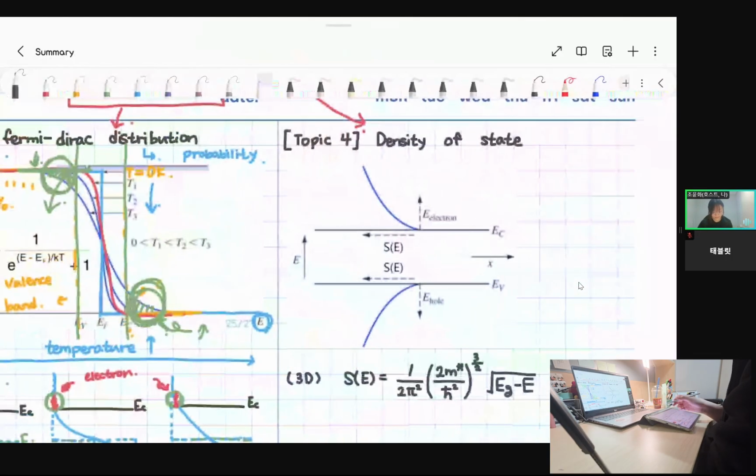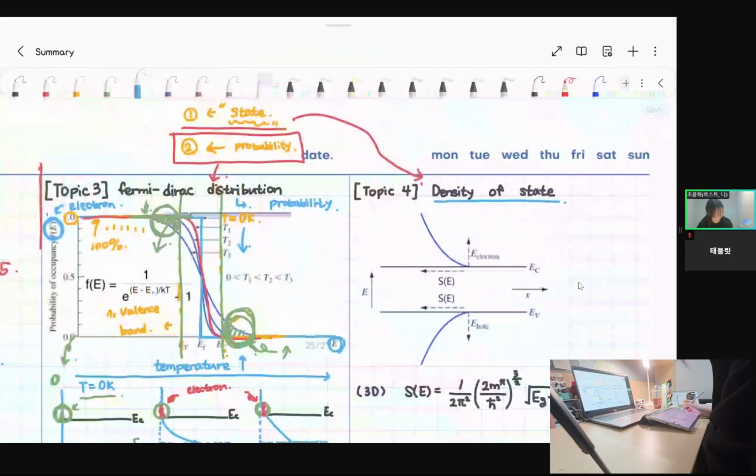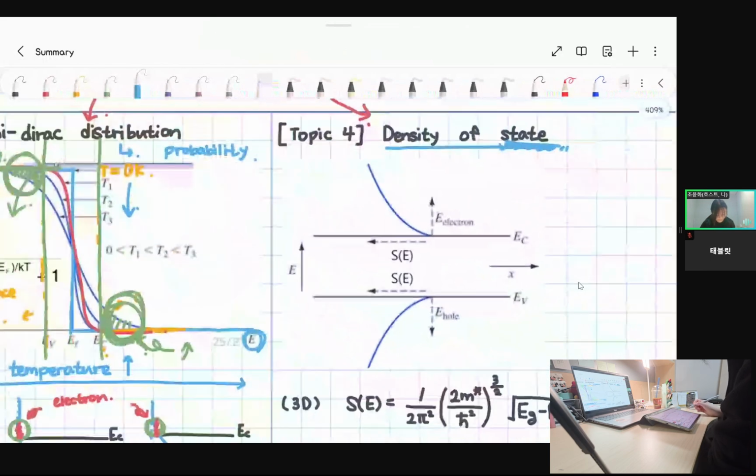Then let's learn about the density of state. As I said, in this case we can know about the states.